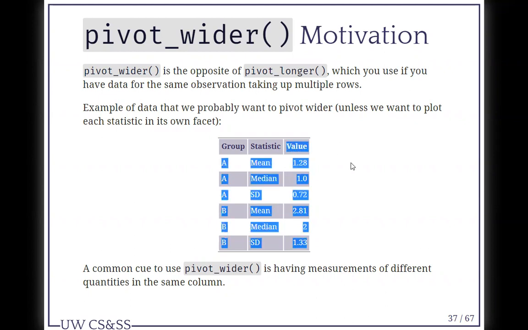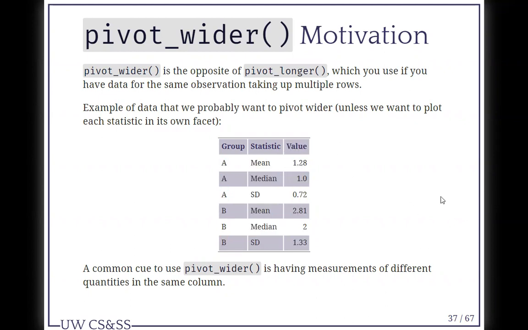And now that makes our value column a little bit nonsensical, because we can't really compare our 0.72 to our 1 because they're telling me different kinds of information. A common cue to use pivot wider is having measurements of different quantities in the same column.